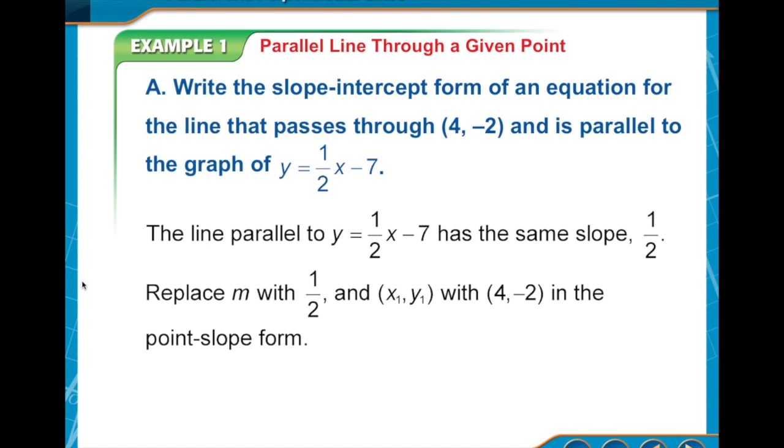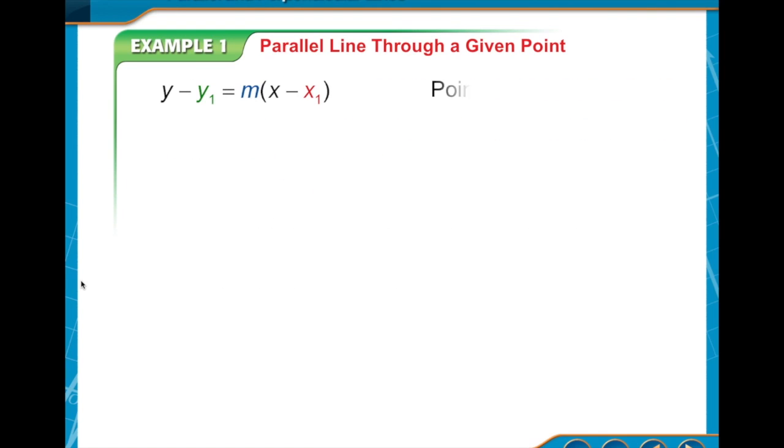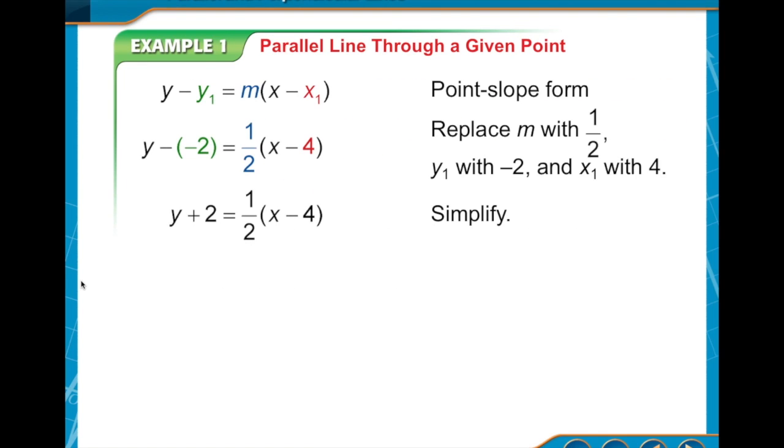But if we go back to our instructions, they actually want us to write our equation in slope-intercept form. So given that, we know slope-intercept is going to have us solve for y. So even though we would normally stop here for point slope, we need to keep going and get y by itself to get that in slope-intercept.